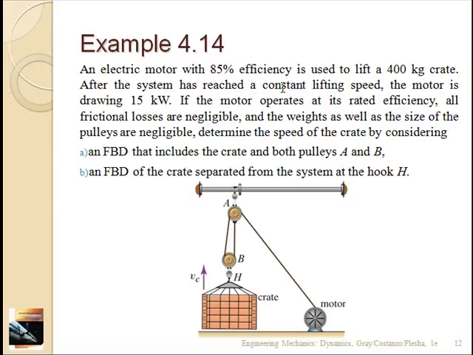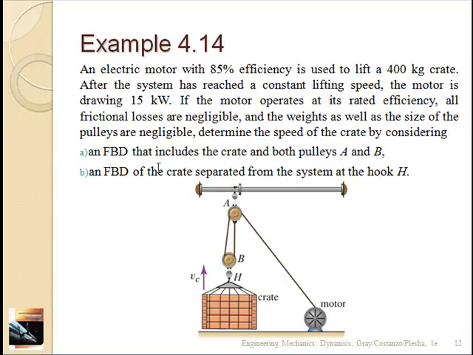So in startup, it's a little complicated, but once it gets started up and the crate starts moving at a constant velocity, we're told that the power into the motor is 15 kilowatts. The power to the crate then would be 85% of that.